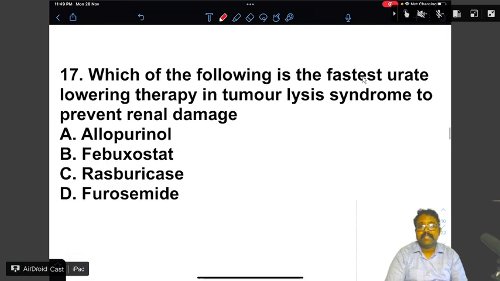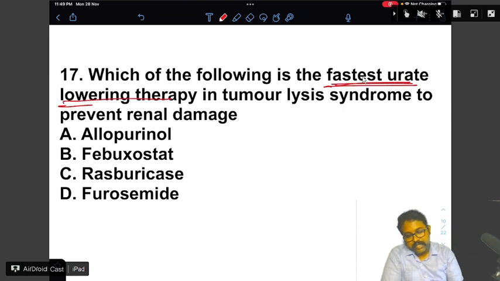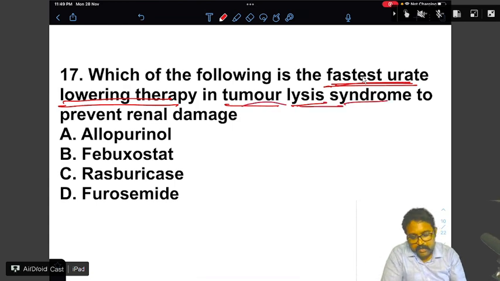Next, moving on to the 17th question: which of the following is the fastest urate lowering therapy in case of tumor lysis syndrome to prevent renal damage. Let us understand what happens in tumor lysis syndrome.